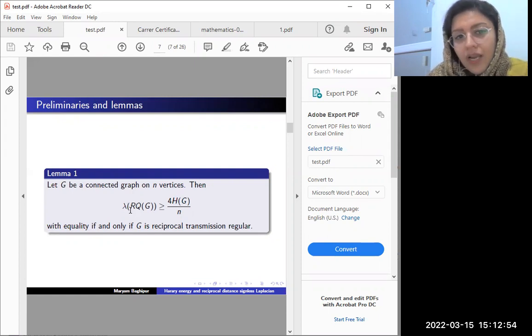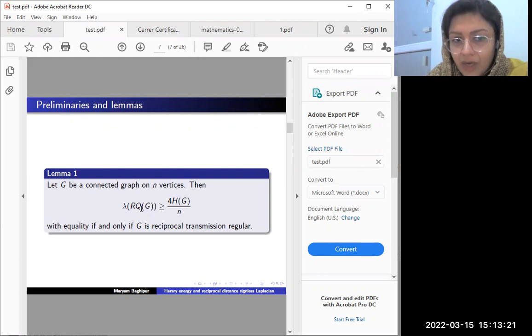spectral radius. You know, lambda is the largest eigenvalue. Each matrix of order n has n eigenvalues. The largest eigenvalue is called the spectral radius. Spectral radius is one of the important eigenvalues, and especially there are a lot of papers on eigenvalues.